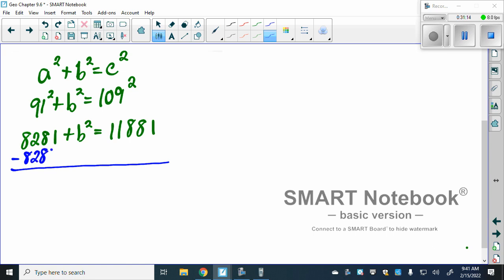Subtract 8,281 from both sides to get b squared by itself. And get b squared as 3,600.